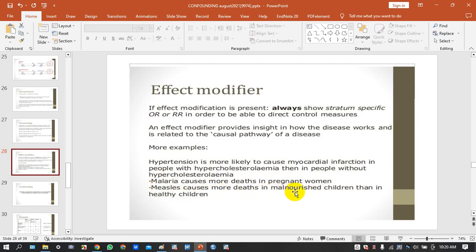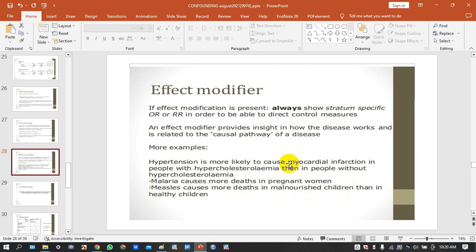Measles causes more deaths in malnourished children. A normal child can get measles, but it will not lead to his death. But if measles attacks a malnourished child who does not eat well or doesn't have all the balanced nutrients, then measles will outweigh his immune system and kill him, because the malnutrition will complicate the measles. So malnutrition is the effect modifier over here.